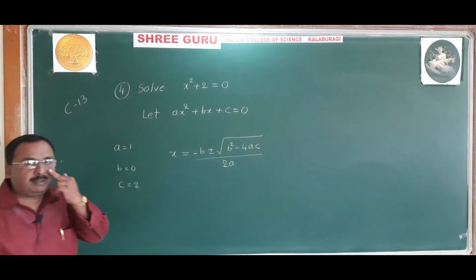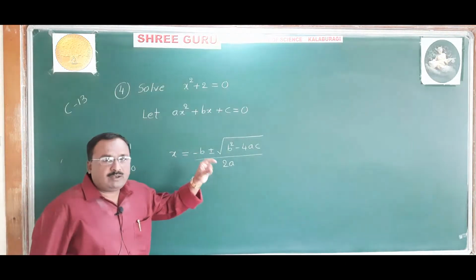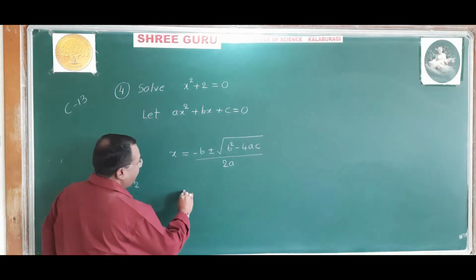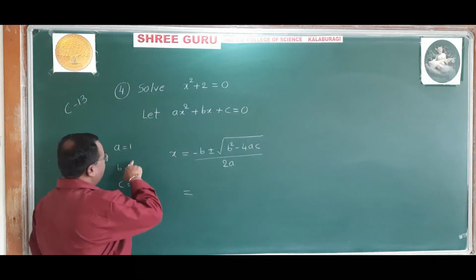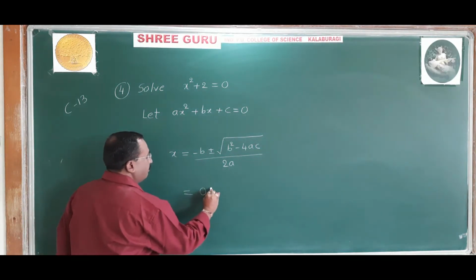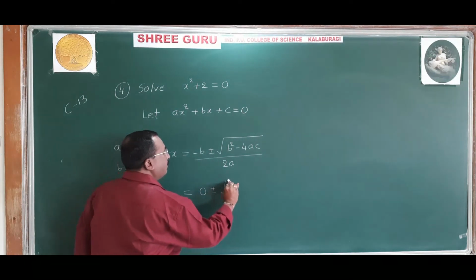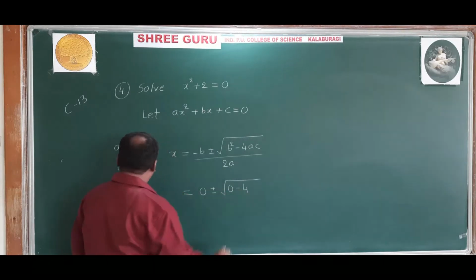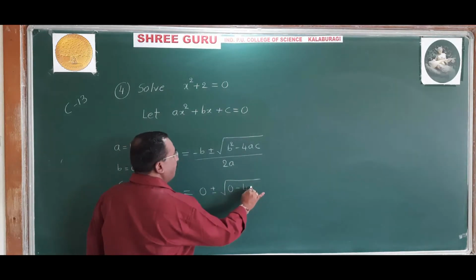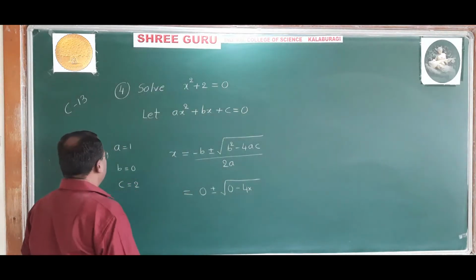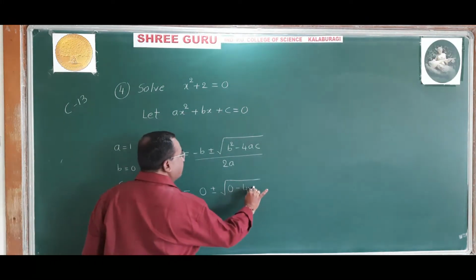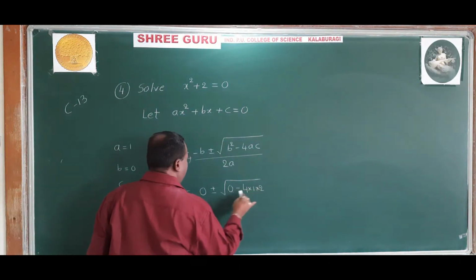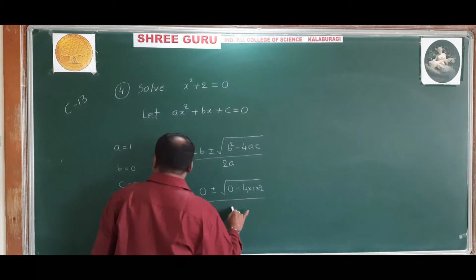This is the formula. Substitute a value, b value and c value. b value is 0, so x is equal to 0 plus or minus square root of b square, 0, minus 4ac, here a is 1 and c is 2, divided by 2 into 1.